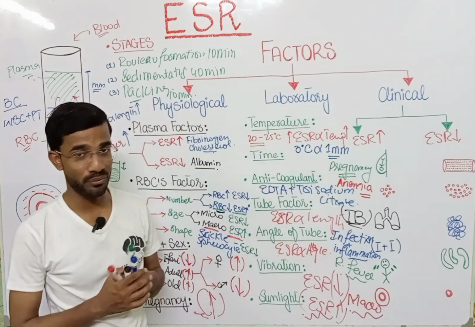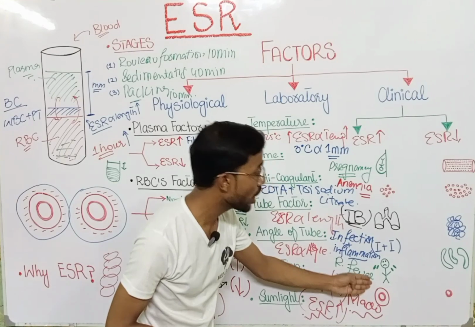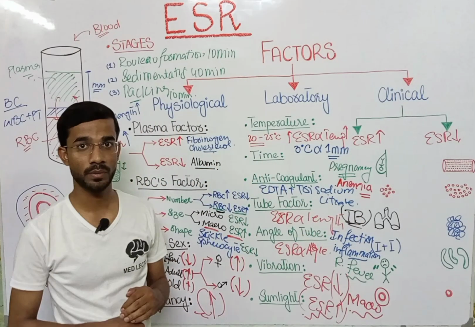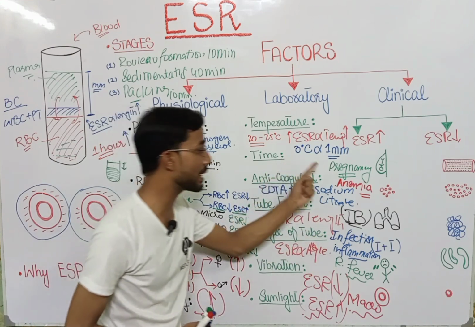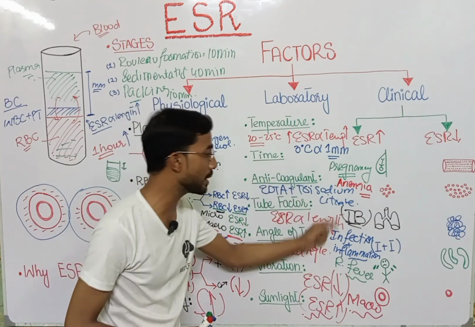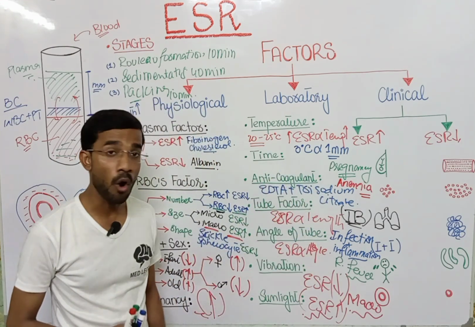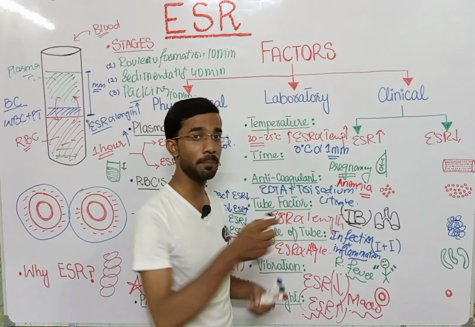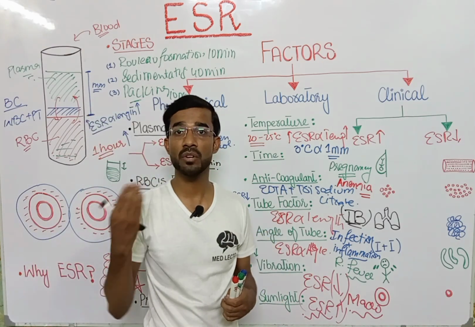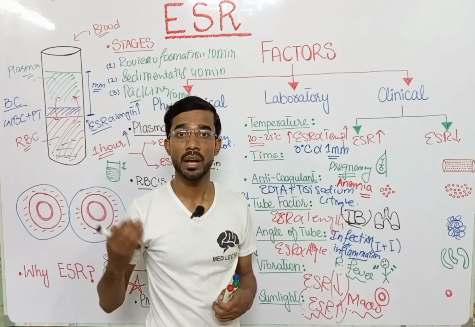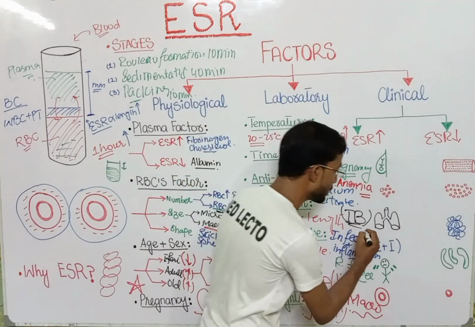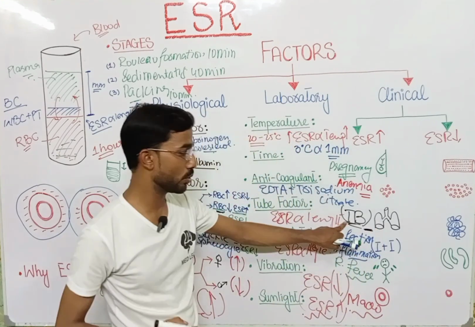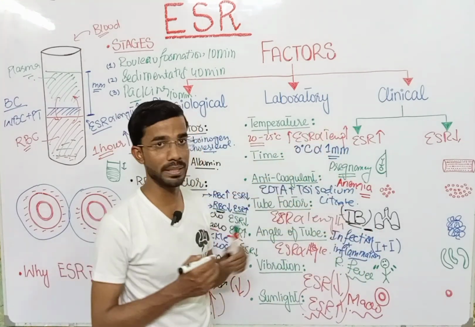So it's quite difficult, since in different conditions we see an increase in ESR. Then how can a physician diagnose whether it's pregnancy, anemia, TB, or infection? Let's suppose I don't know whether the patient is suffering from fever or from TB. In this case, I do ESR, which will be high.